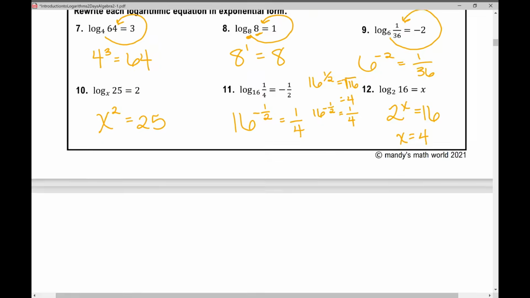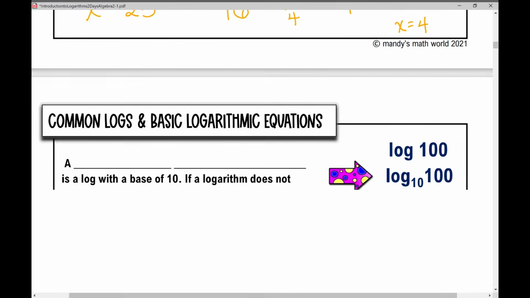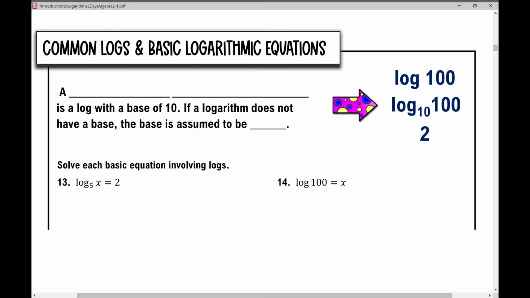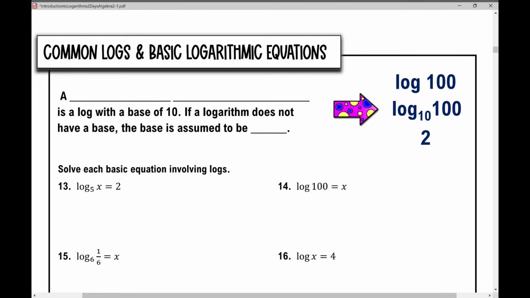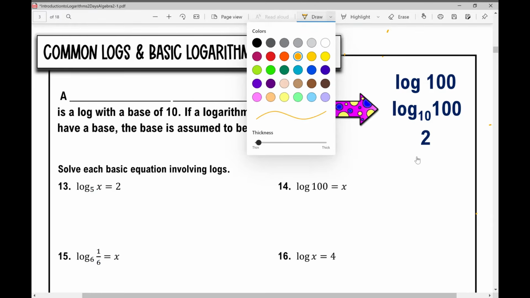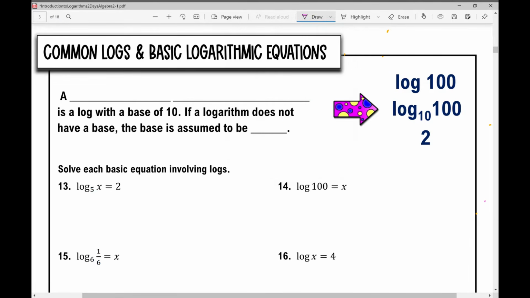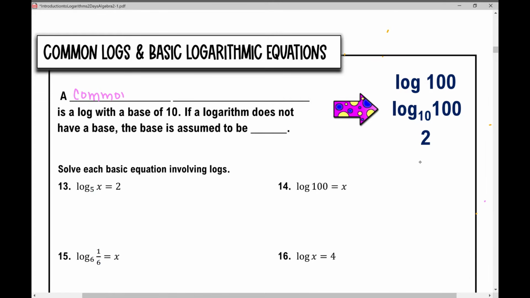So let's move on to the next set of examples, which are common logs and basic logarithmic equations, where we're going to be doing basically what I just did. A common logarithm is a log with a base of 10. If a logarithm does not have a base, that little subscript, the base is assumed to be 10.